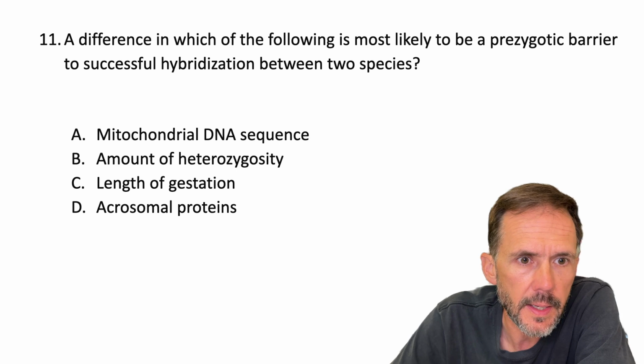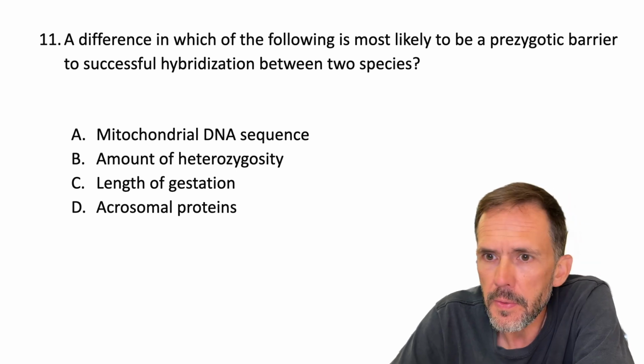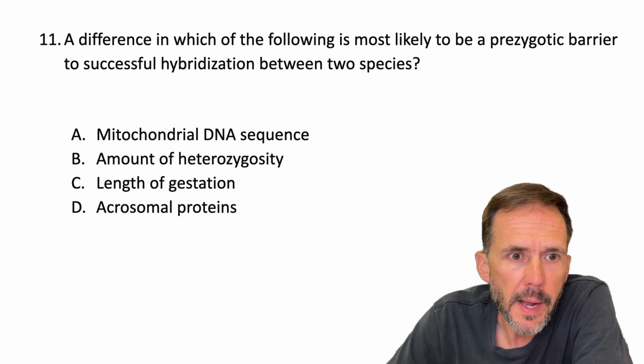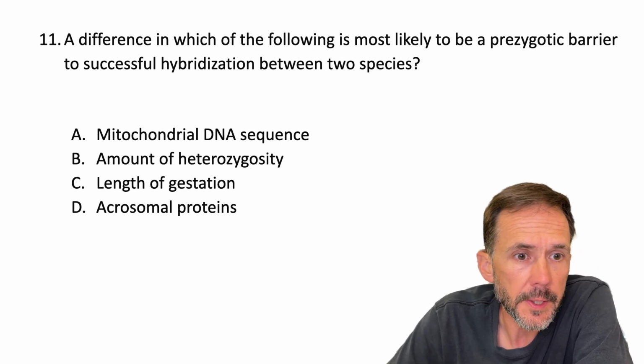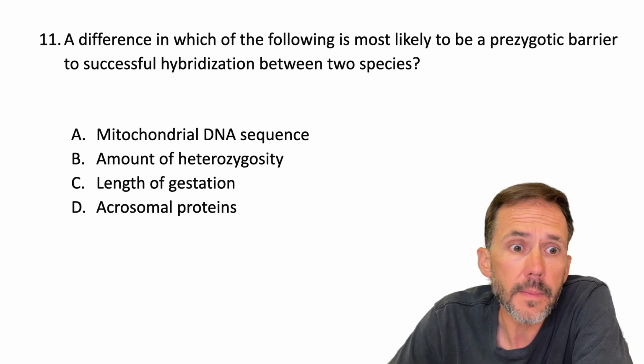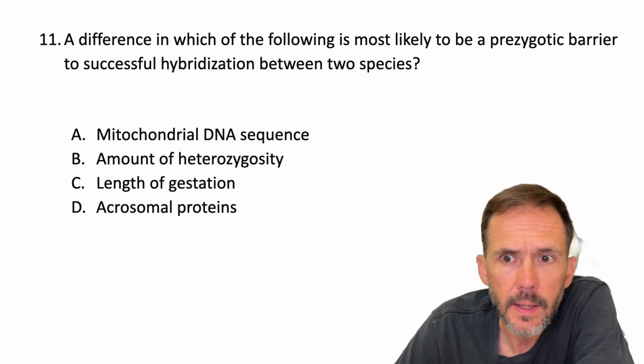Heterozygosity and length of gestation, neither of those are going to play a role. Acrosomal proteins, for sure. So biochemically, there could be an incompatibility with the ability of a sperm to fertilize an oocyte. So D would be the correct response here.